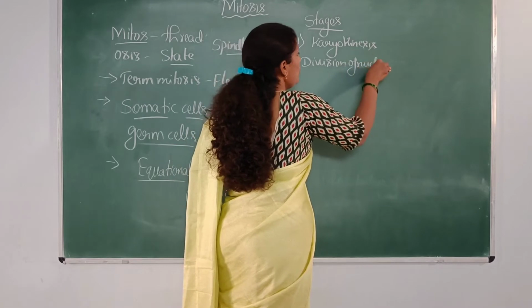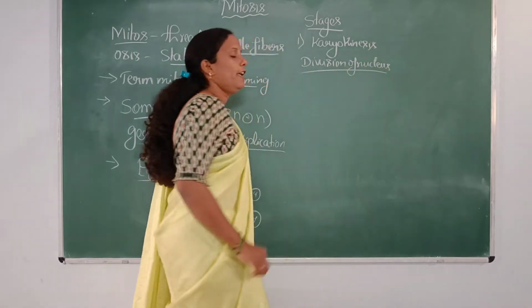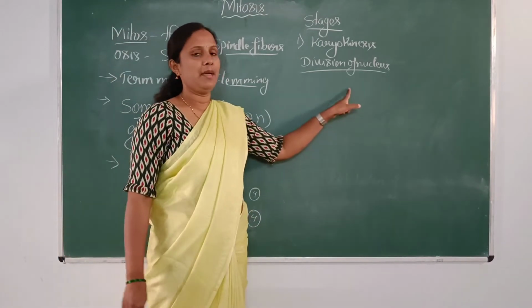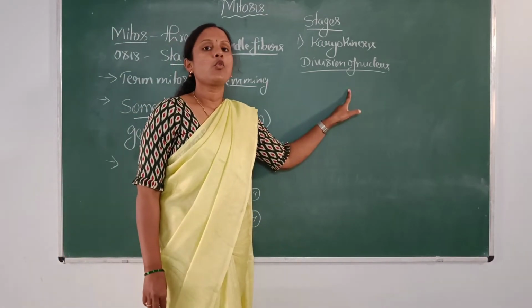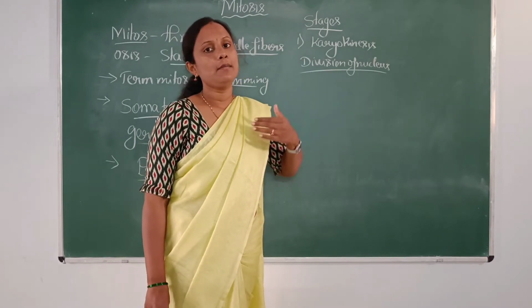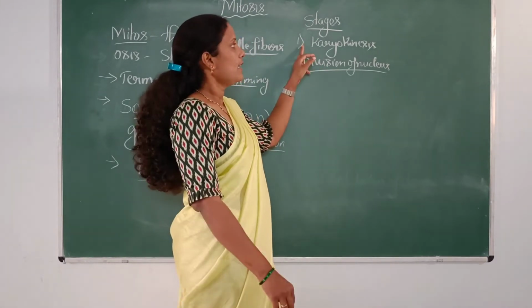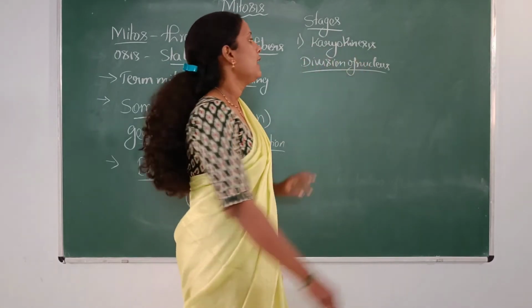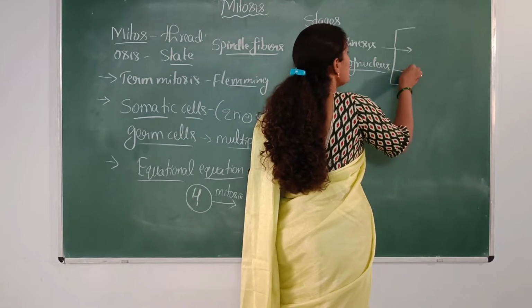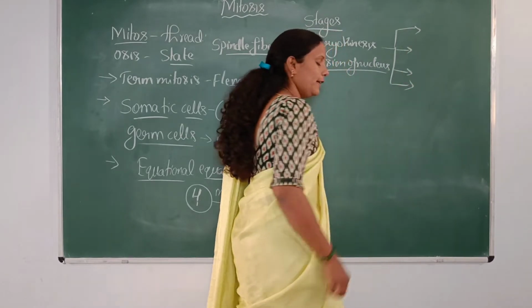Division of nucleus is a very dramatic stage where the chromosomes will behave differently in different phases. Hence, the karyokinesis can be divided into 4 phases for the sake of understanding.